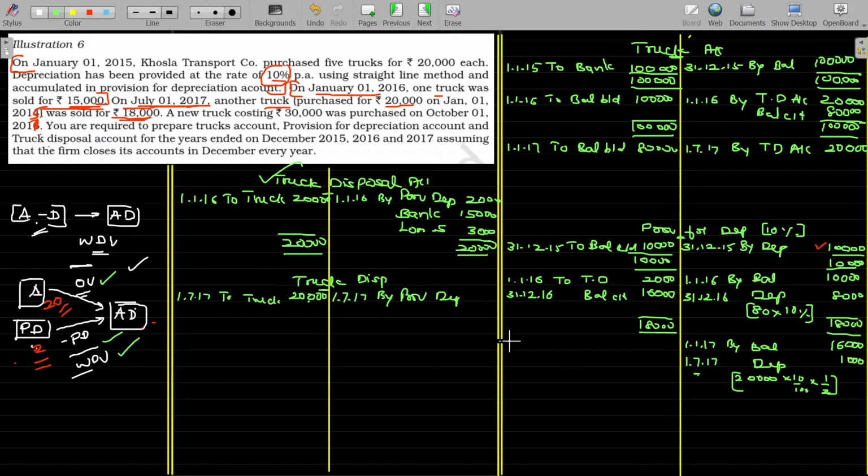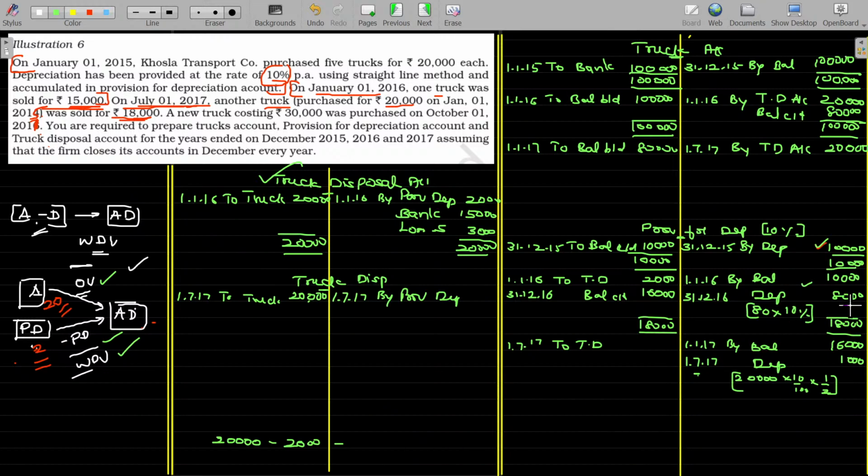Now, when you sell the asset, any accumulated depreciation on the asset sold should also be transferred. Now see here, 1/7/17 to asset truck disposal account. How much is that? This asset was completely used for the first year, 2,000 rupees. This year also completely used, second year, another 2,000 rupees.